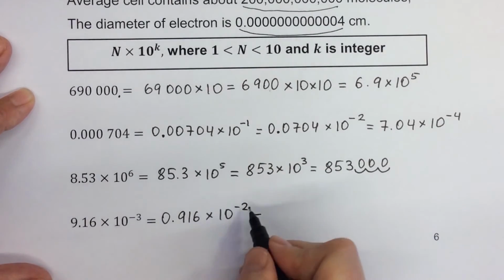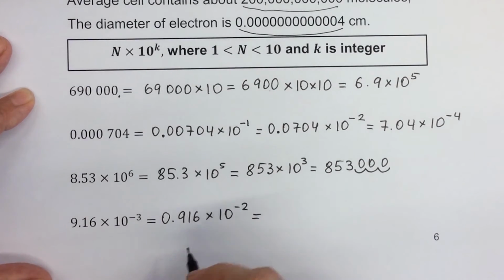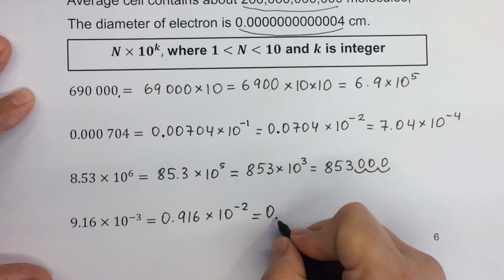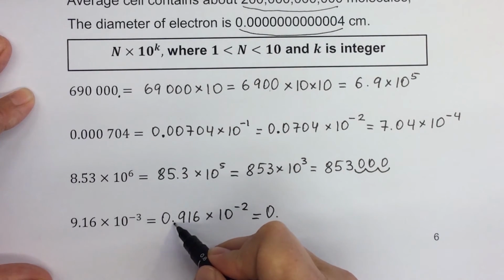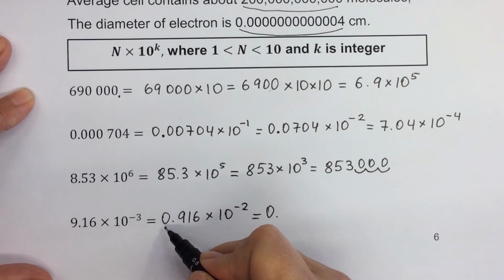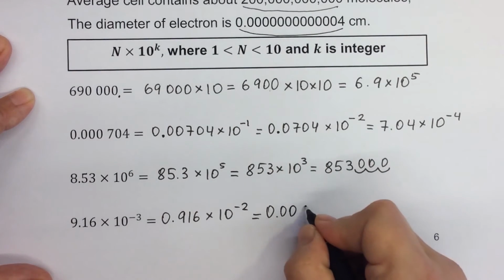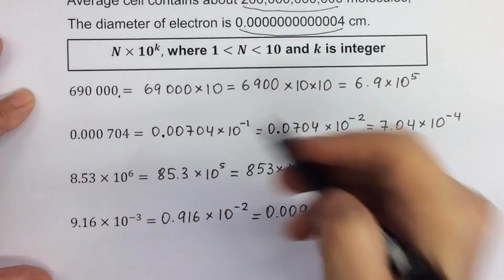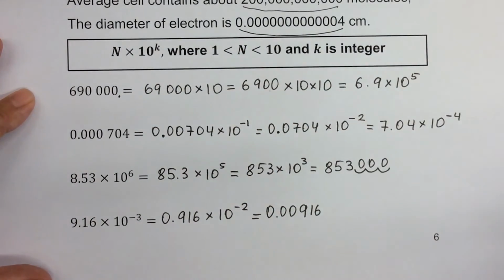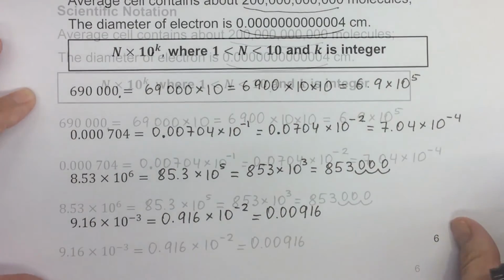Okay, and if we keep moving for another 2 places, what will happen would be 0 point, so we'll simply have 2 more places in front of the decimal point. 0.0916. That's it, and that's how we use our index laws for scientific notation.